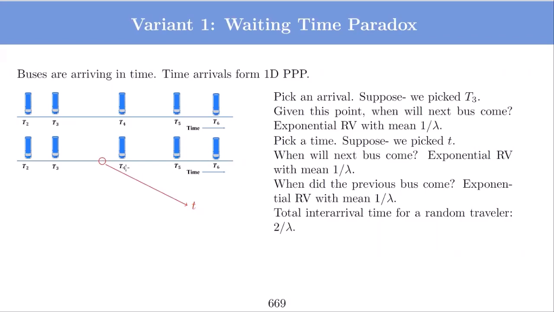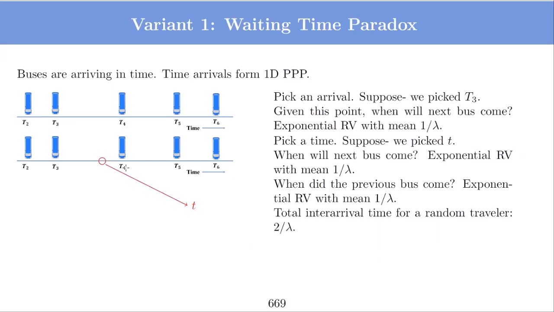So this generally means that from a random user's perspective, the inter-arrival time is generally bigger than the inter-arrival time of the journey you would expect. If I go to the bus stop and look at the previous bus arrival, I would experience a total inter-arrival time of 10 minutes. That will give me an idea that perhaps 6 buses are coming per hour, so that will be a wrong estimate.